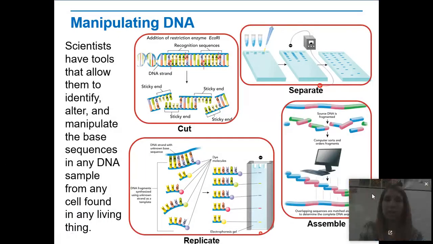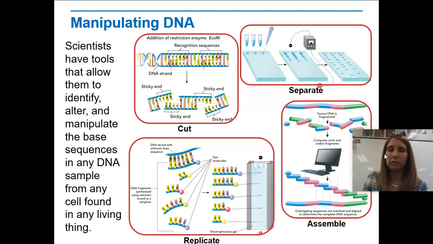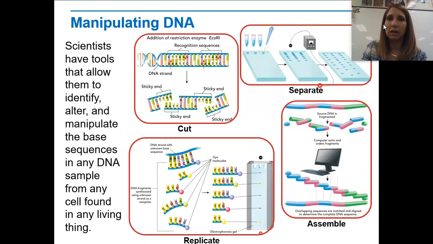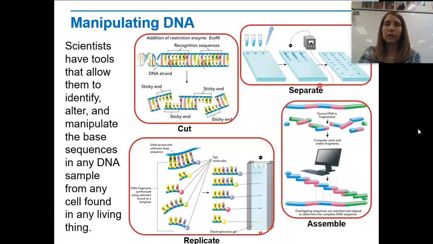So when we talk about DNA information and how we deal with the information that we've got and really try to understand what it is that makes us humans, we have several tools that we need to use.